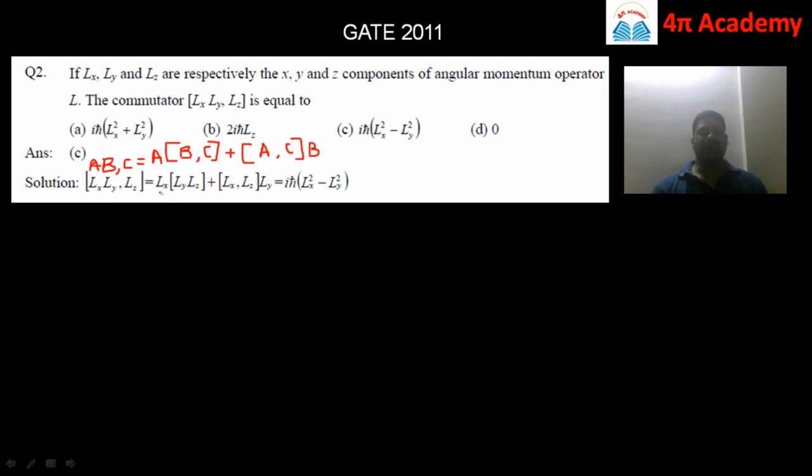So this will be A, that is Lx commutator bracket of Ly, Lz plus commutator bracket of Lx Lz into Ly.